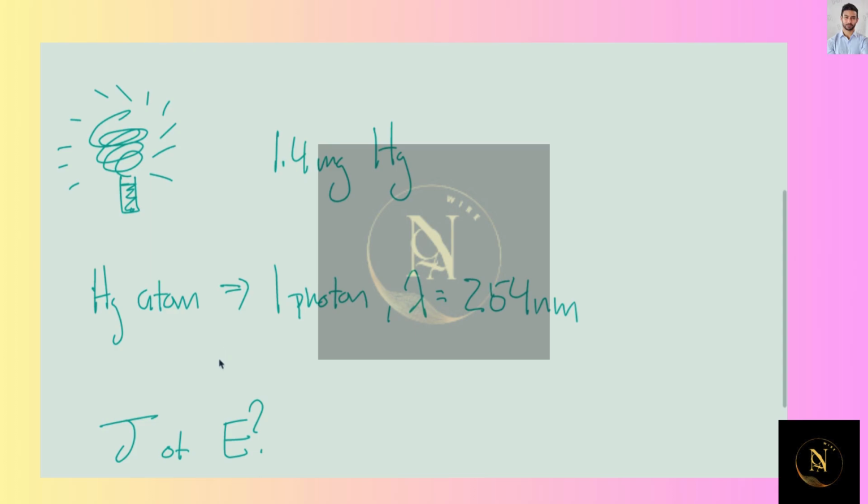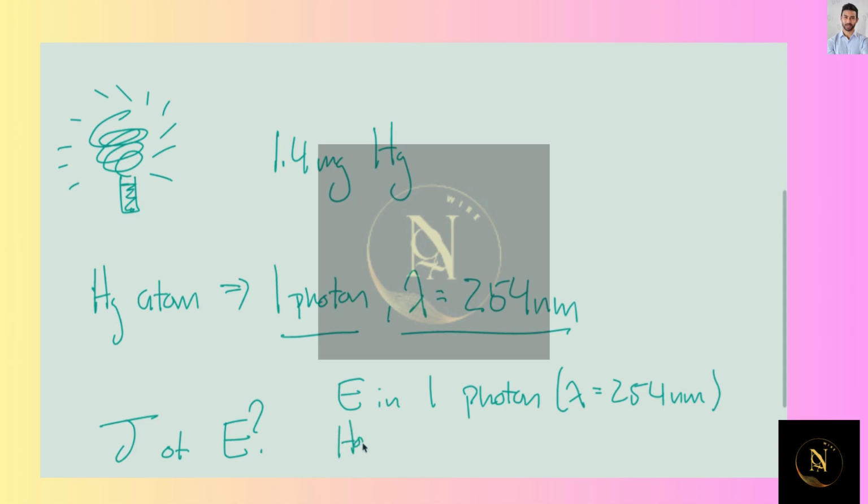All right. So the question really is, how much energy is in a single photon when that photon is 254 nanometers, and then how many photons, and then multiply the energy in one photon by the number of photons.